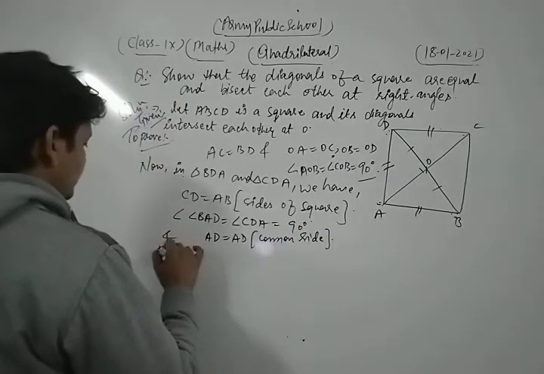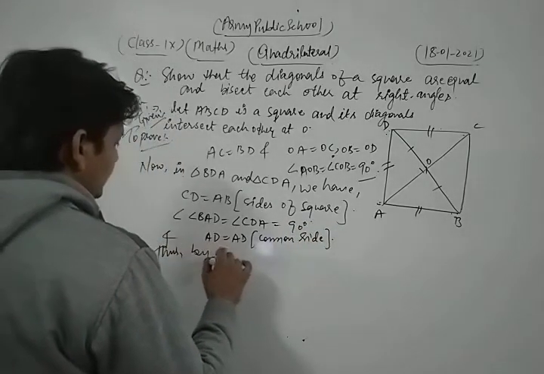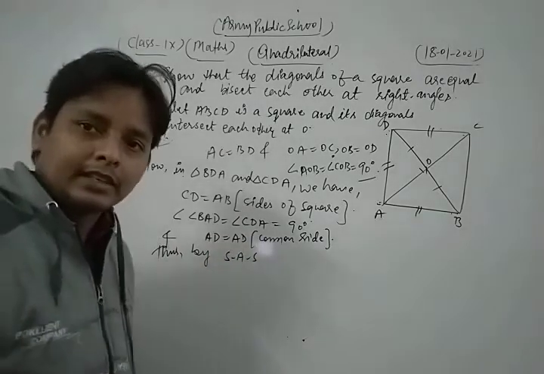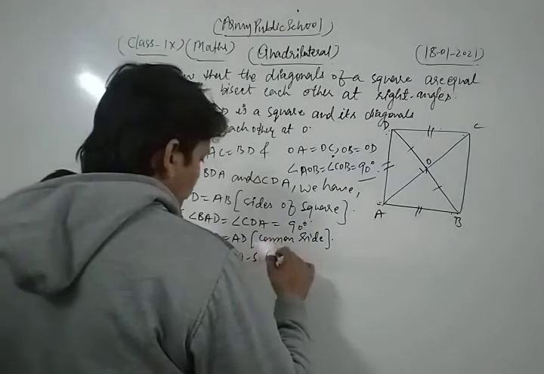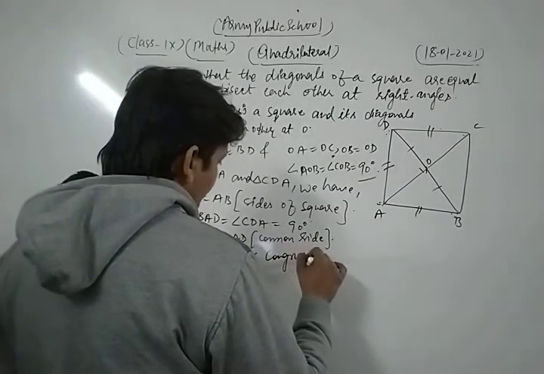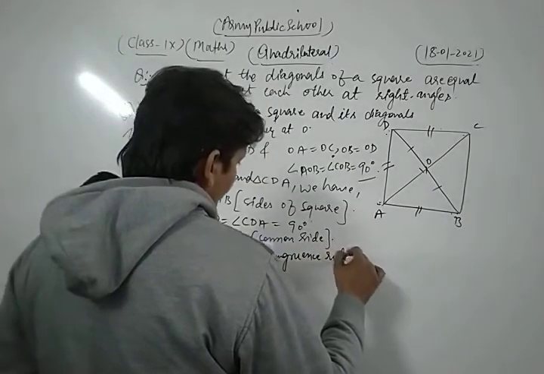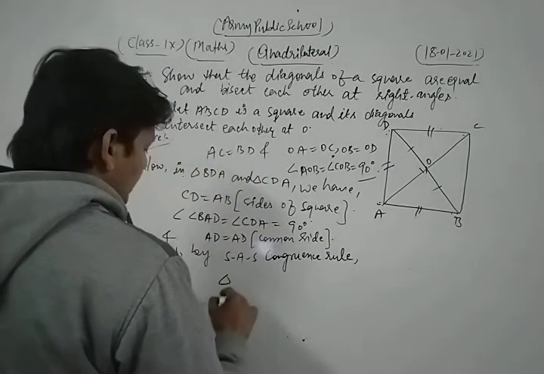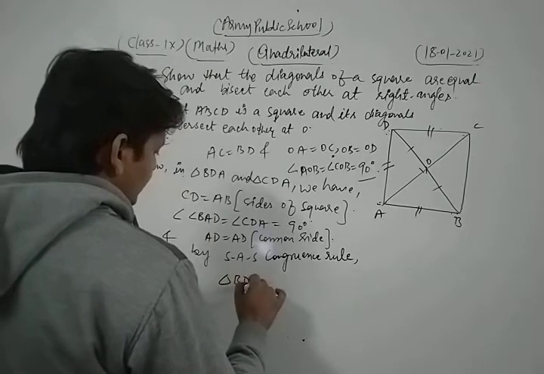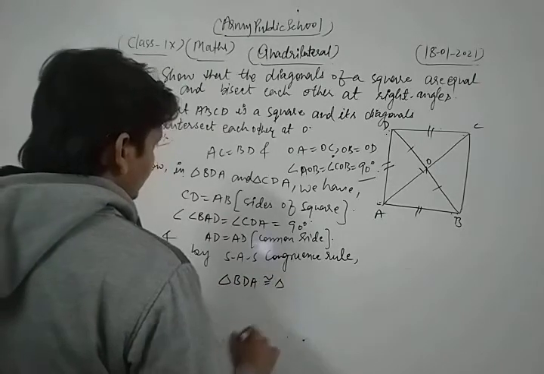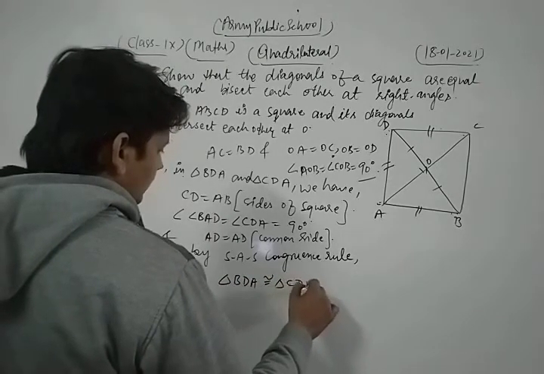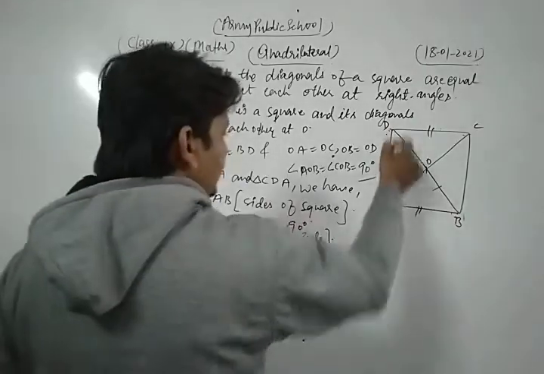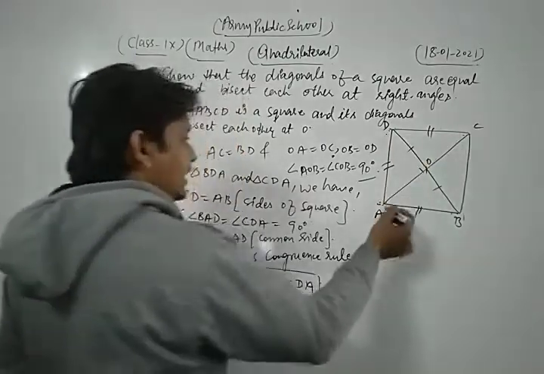Thus by the side-angle-side (SAS) congruence rule, triangle BDA is congruent to triangle CDA.